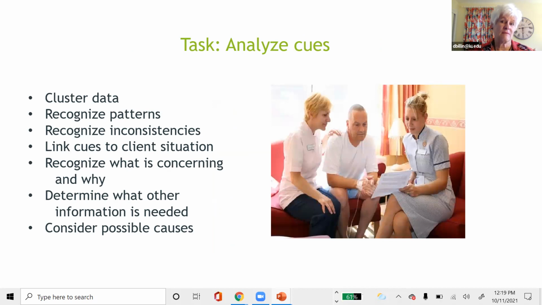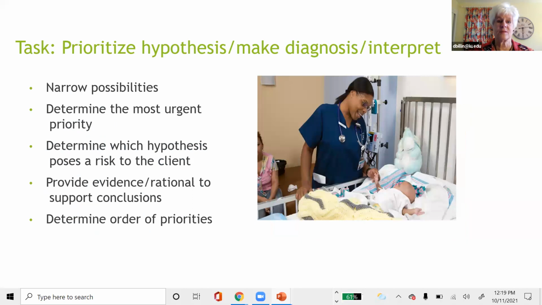And then also maybe say to themselves, I don't have enough information. I need one more thing. I need to check a lab value here before I do anything else. So this is putting it all together, analyzing the cues. Next step is to prioritize the hypothesis. In using the nursing process, we call that making the diagnosis.